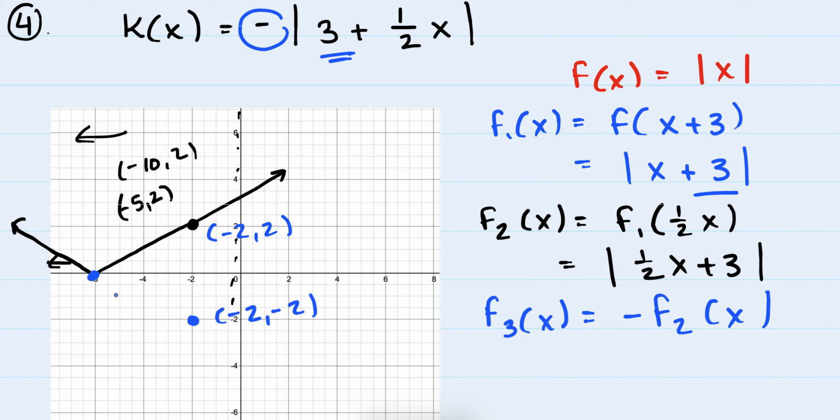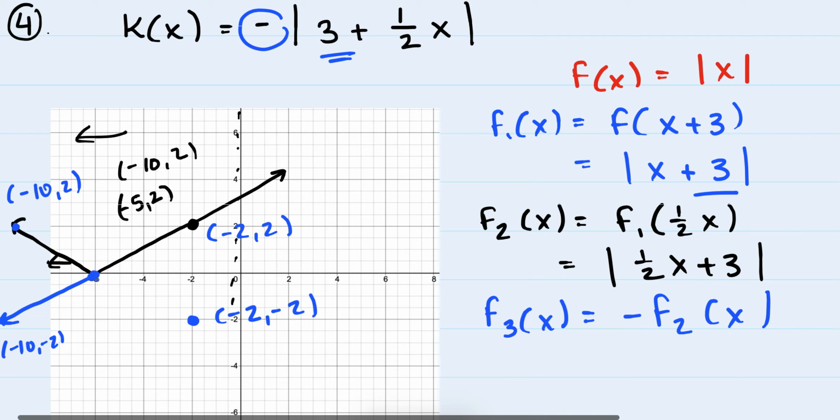All my y values change. And we said that this point was (-10, 2), and that will become, way out here, (-10, -2). Yeah. So this is going to be our final graph.